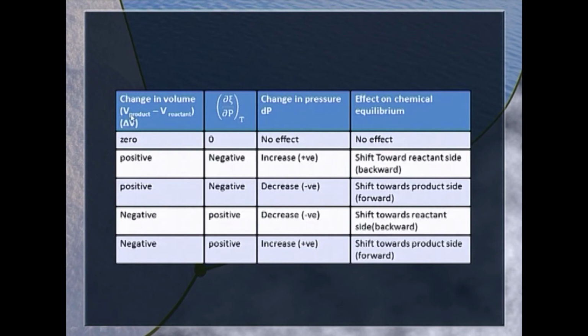If ΔV is positive, this term has to be negative and the pressure has to decrease, then the shift is towards the forward side. Negative ΔV, positive ∂ξ by ∂P, and a decrease in pressure, the shift is backward towards the reactant side, and the same way it happens in the last one.